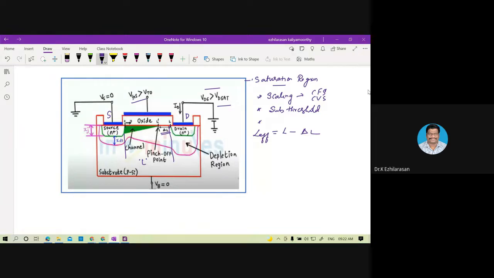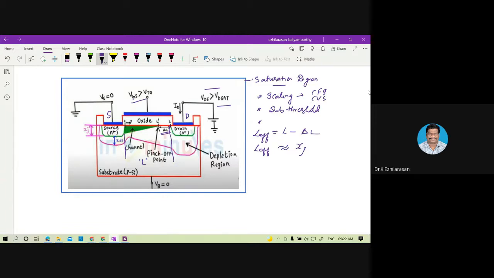In the drain side it will be more because of this. Due to that, the L effective will become exactly xj. See here, this is the length; this much only will be the effective length.